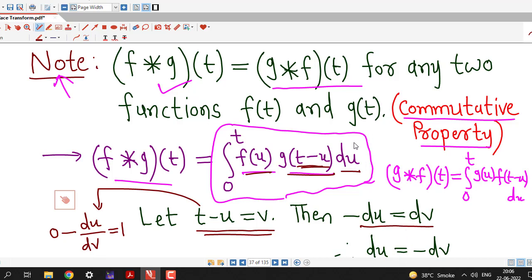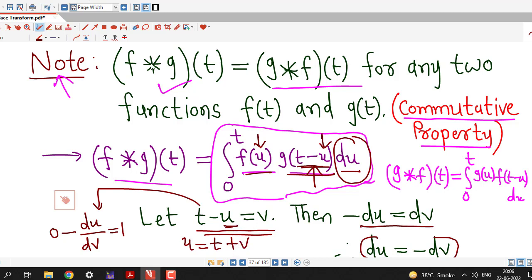Now we are changing our variable from u to v, so everything which is in terms of u must be converted in terms of v. So we will replace this t minus u by v, and we will replace du by minus dv, and we will replace u by t minus v.